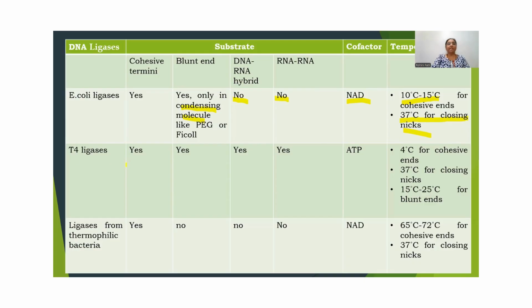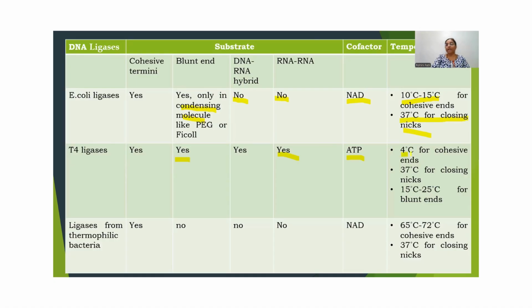This T4 DNA ligase can seal the cohesive termini, it can seal the blunt ends, and it can also do the ligation between DNA and RNA. It can also do the ligation between RNA molecules, and here it requires ATP as a cofactor.